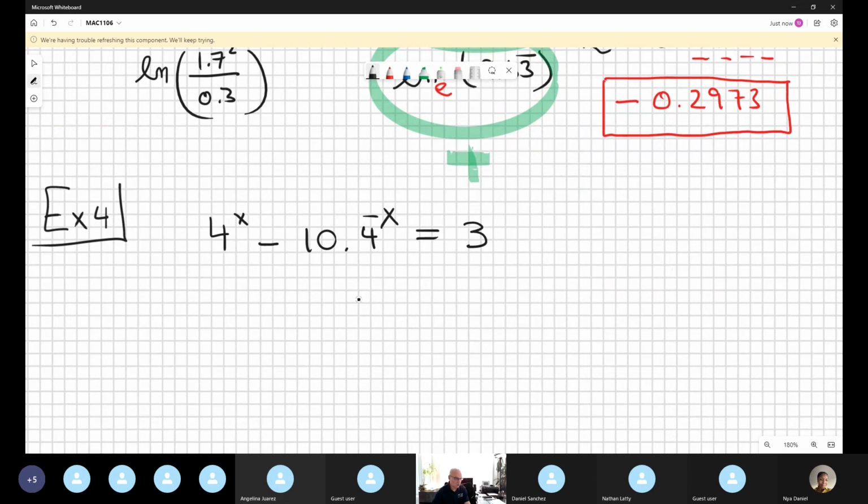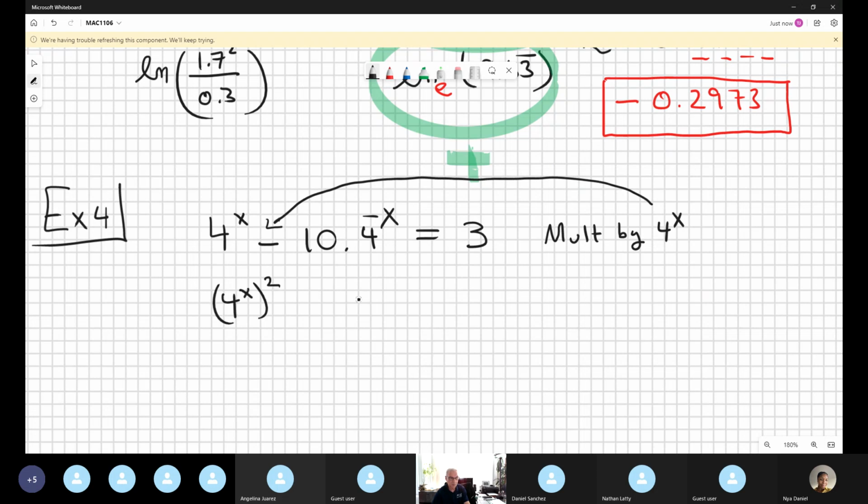So I propose you multiply the entire equation by 4 to the x, in order to eliminate the negative exponent. 4 to the x times 4 to the x is 4 to the x squared, minus 10, and 4 to the x times 4 to the minus x is 1.